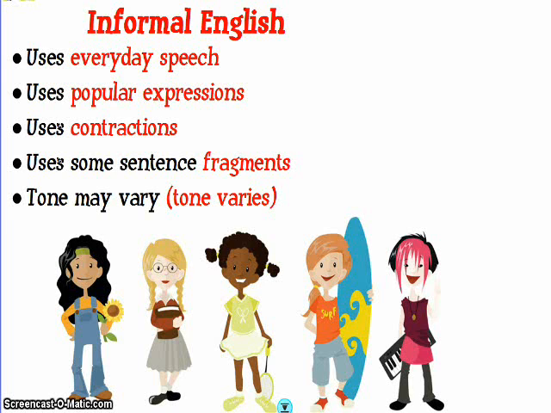If you're wearing really heavy gold chains and a lot of diamonds, referring to that as bling bling is a very informal way of speaking. In informal English, you are going to use contractions. So you'll say things like, I can't do that. If I wanted to be more formal, I wouldn't use the contraction. I would use the full words. I cannot do that. There might be sentence fragments in informal English, and again, the tone is going to vary.